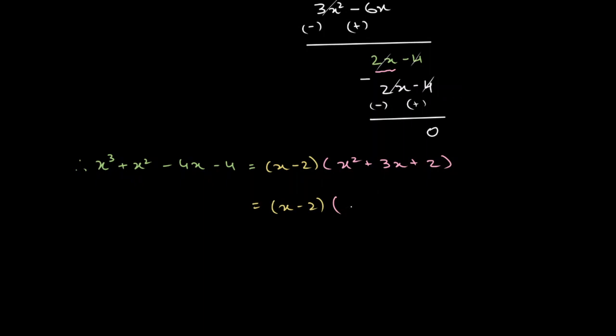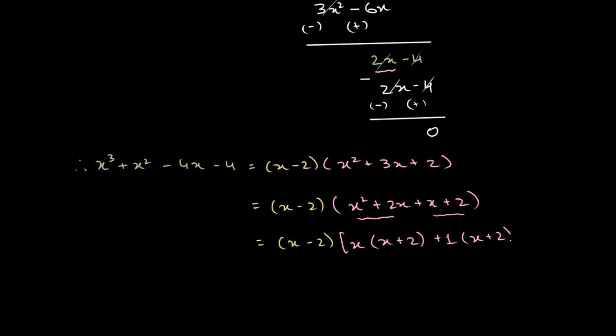If I split the middle term, we have x squared plus 2x plus x plus 2, which is equal to x minus 2. And here, if I factorize it further, the first two terms have x common, so x into x plus 2, and between the other two it's only plus 1, so plus 1 into x plus 2. And finally I have all my factors now.